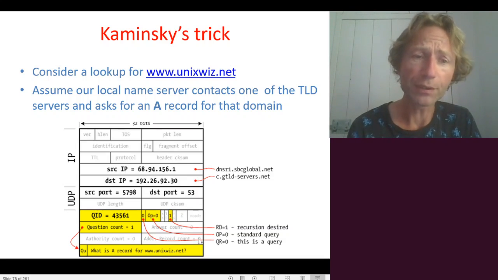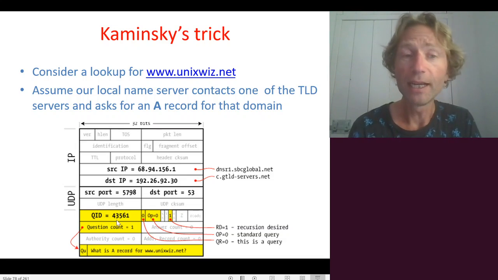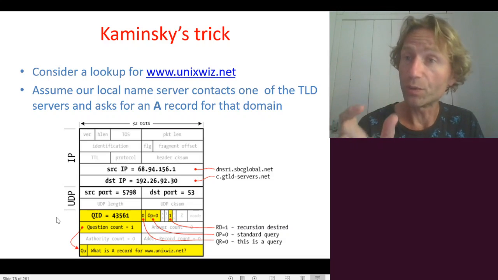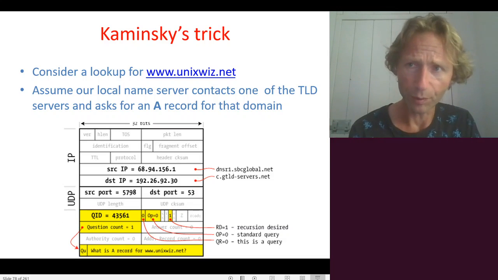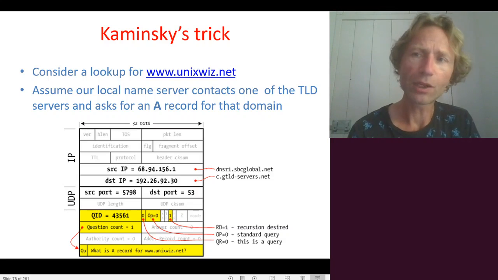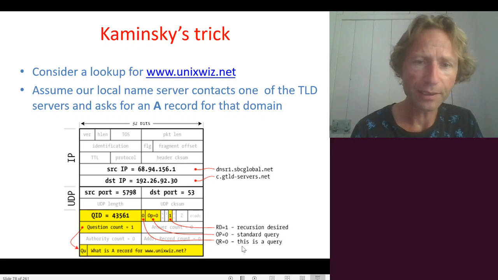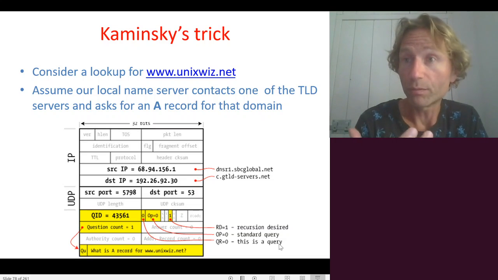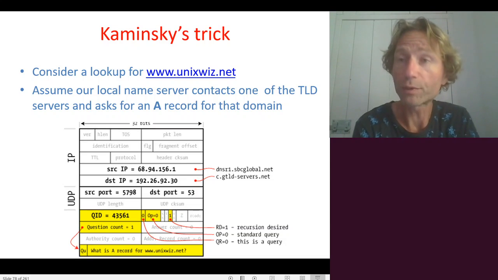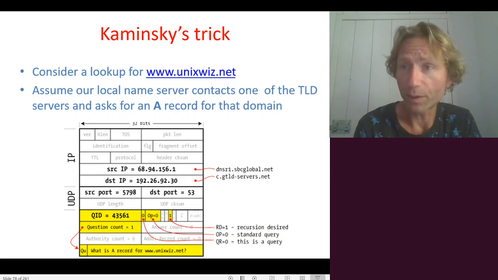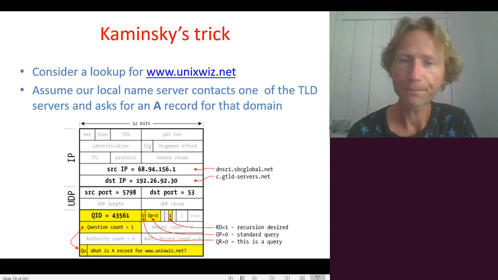And then we get to the DNS packet. The DNS packet, as we already mentioned, has a unique query ID for this query. And the query is indeed a query, so it's a local name server trying to get something resolved rather than a reply.